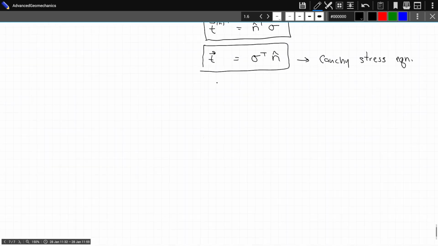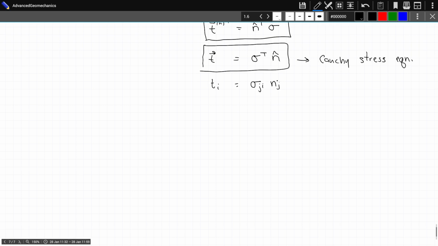In index notation, it would be T_i equals sigma_ji n_j.